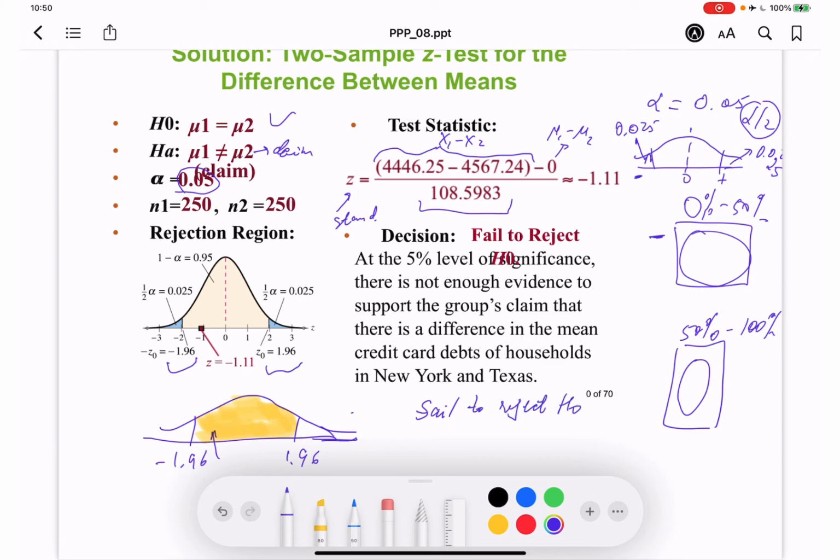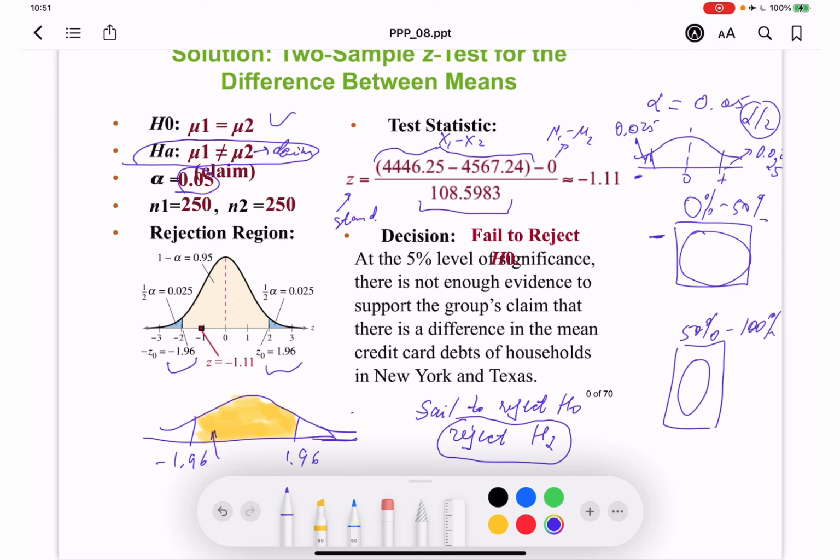If we fail to reject the null hypothesis, then the complement is the alternative, so we reject the alternative. Why are we interested in the alternative? Because the alternative is our claim. So we are going to draw a conclusion, make an interpretation regarding the hypothesis test.